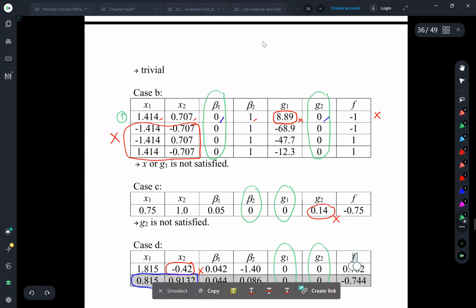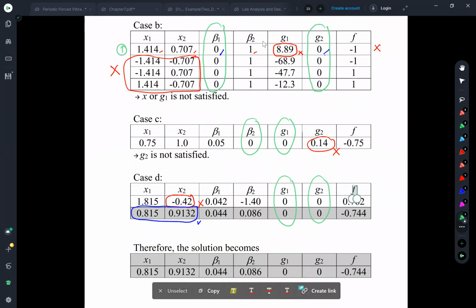Look at another case, in which we have a positive x1 and x2 together. Why don't we look at case C? Let me draw it with the pink. We are talking about case C, number 2. It looks good again when we look at the first quadrant and we have x1 and x2 both positive numbers. However, in this case, if we look at G1 and G2, G1 is 0.